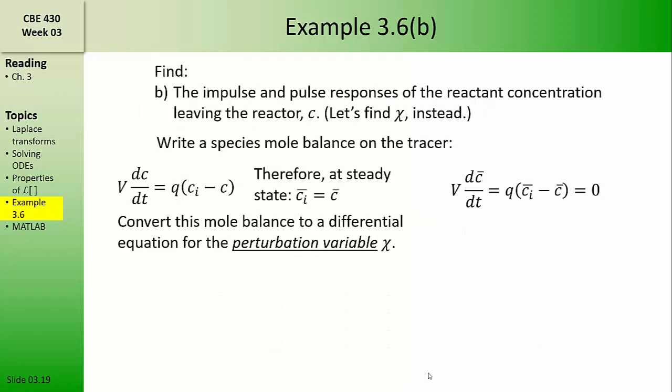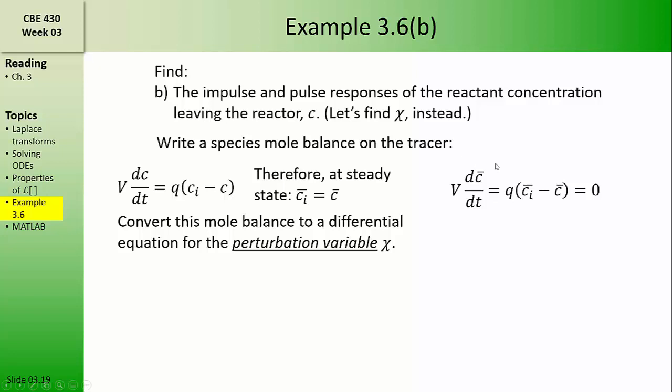Next, we'll find the impulse and pulse responses of the reactant concentration leaving the reactor. And we'll do this in terms of the perturbation variable chi instead of the variable C. To do this, we'll write a species mole balance on the tracer. The accumulation of the tracer is equal to the rate at which it enters minus the rate at which it leaves. Therefore, we can see at steady state, Ci must be equal to C in order for the accumulation to be equal to 0.